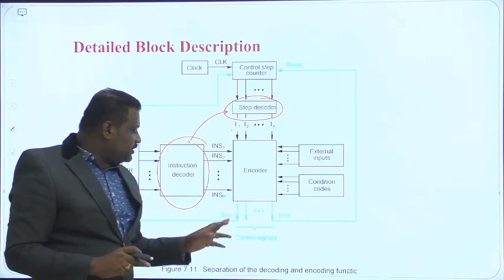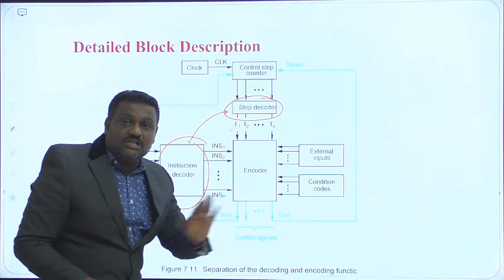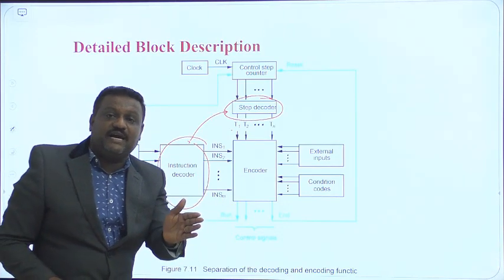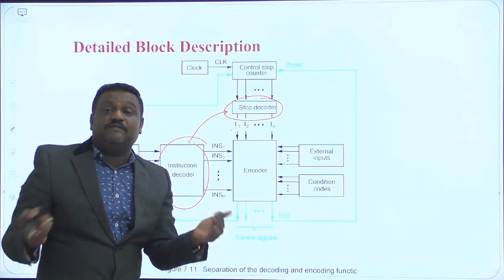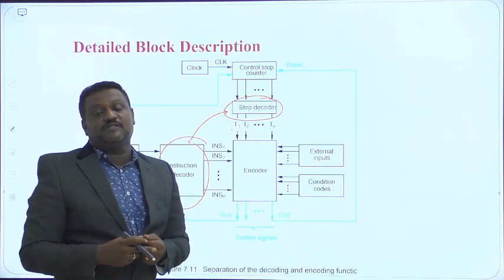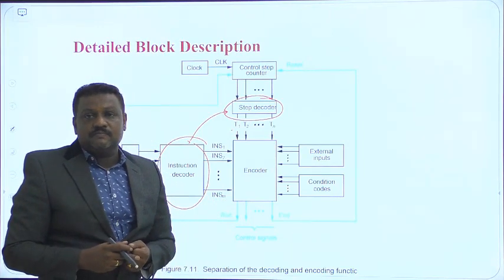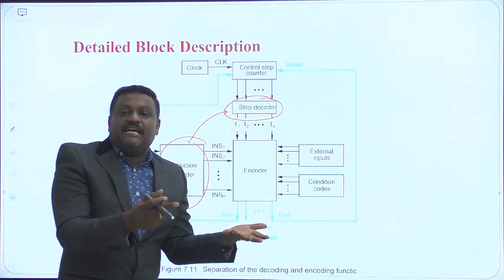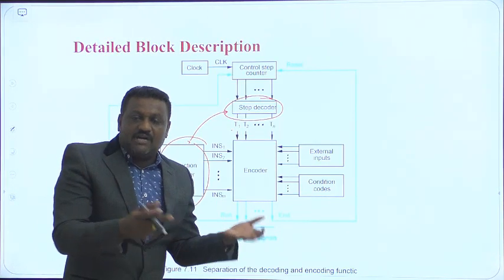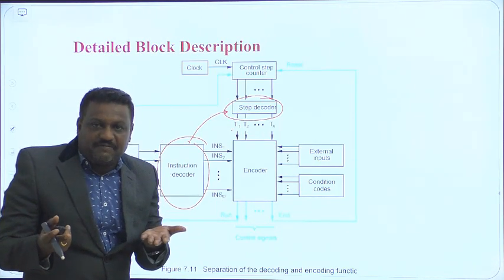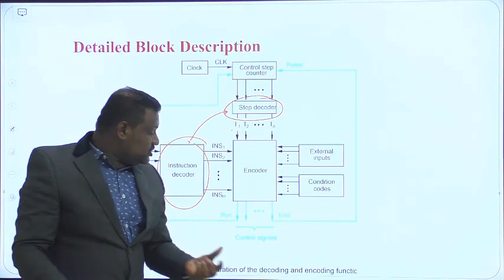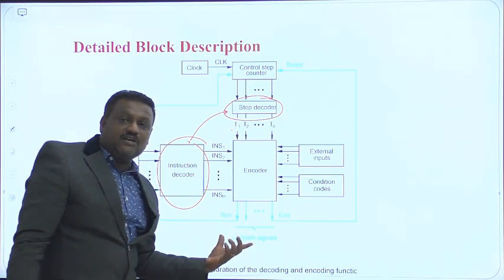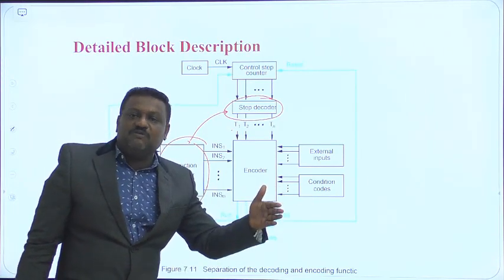And one more thing you have to remember, friends: these control signals not only move to the external world of my CPU, they are also given to the internal parts of the CPU. Sometimes I can take data from external memories, or sometimes from input devices. At such a time this encoder circuit generates control signals that are given to the external world.